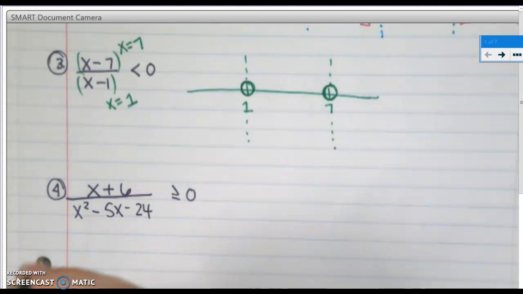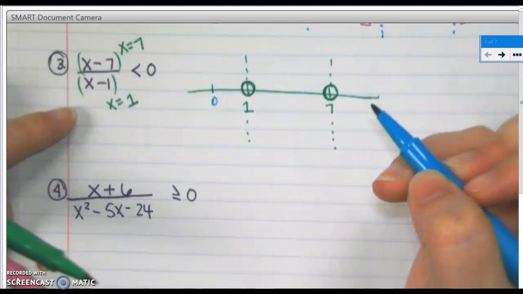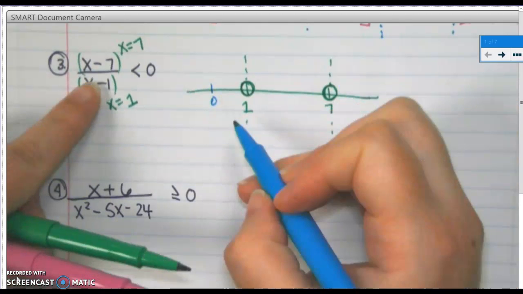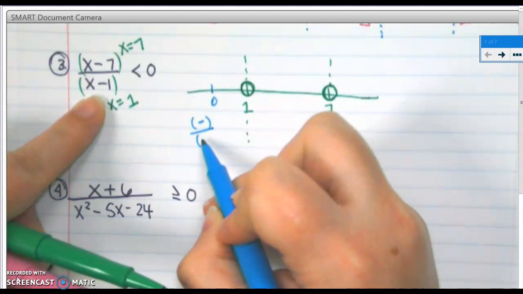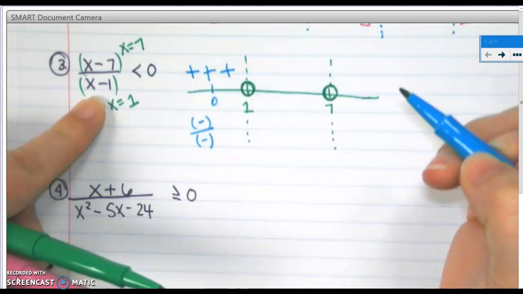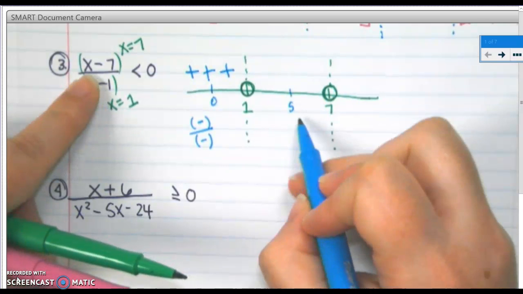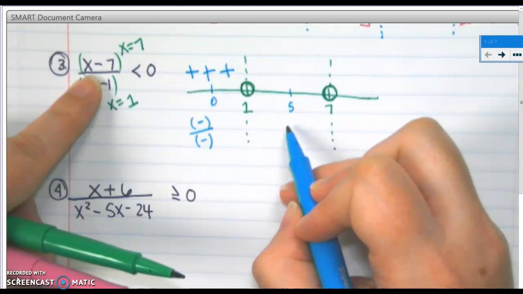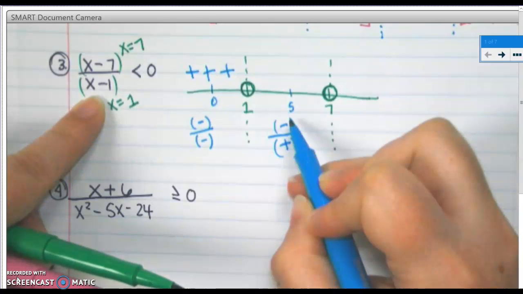All right, and again, I'm picking test numbers. So 0. So 0 minus 7 would be negative. 0 minus 1 would be negative, and a negative divided by a negative would be positive. So if I choose 5 as my test value, 5 minus 7 would be negative. 5 minus 1 would be positive.